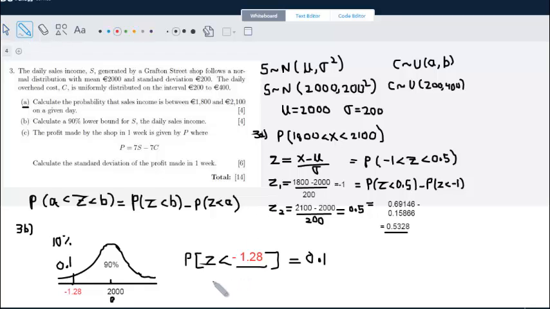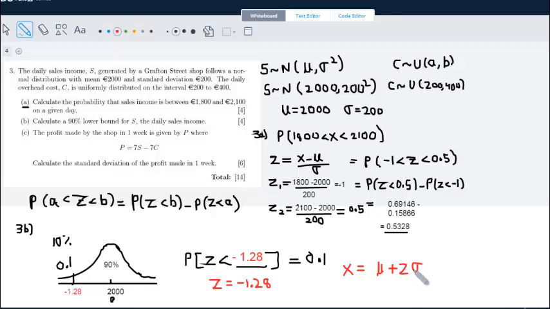So if Z is equal to negative 1.28, that is the Z critical, the value above which 90% of the values lie. So Z is equal to x minus mu upon sigma. From this you can find the value of x. X would be equal to mu plus Z times sigma.